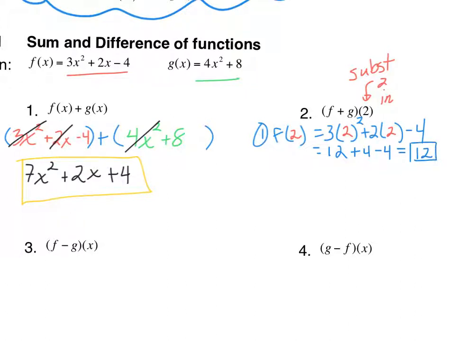So then step 2, now I'm going to find g of 2. So the g function is 4x squared plus 8. So I'm going to plug the 2 in where the x was. So 2 squared is 4. 4 times 4 is 16. 16 plus 8 is 24.